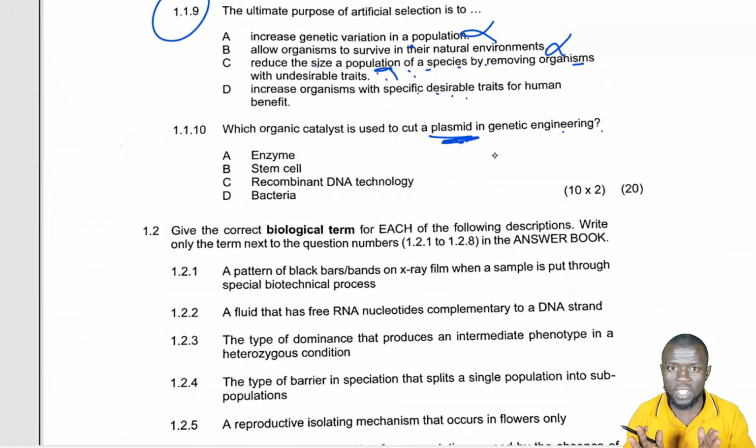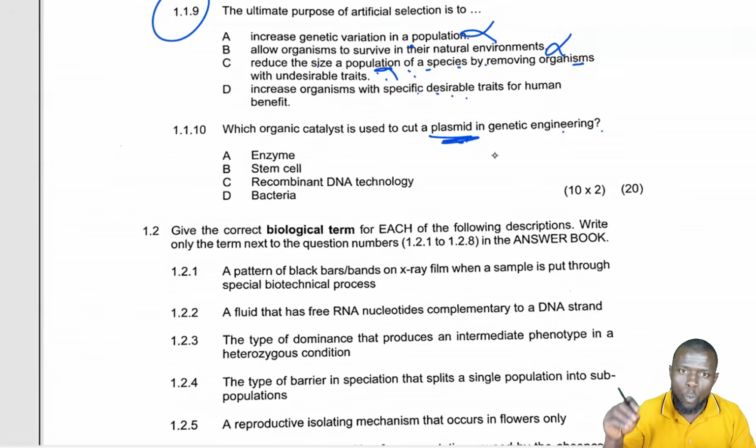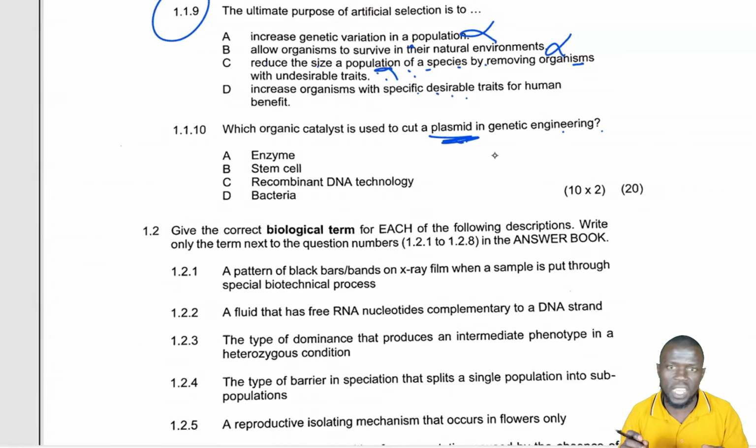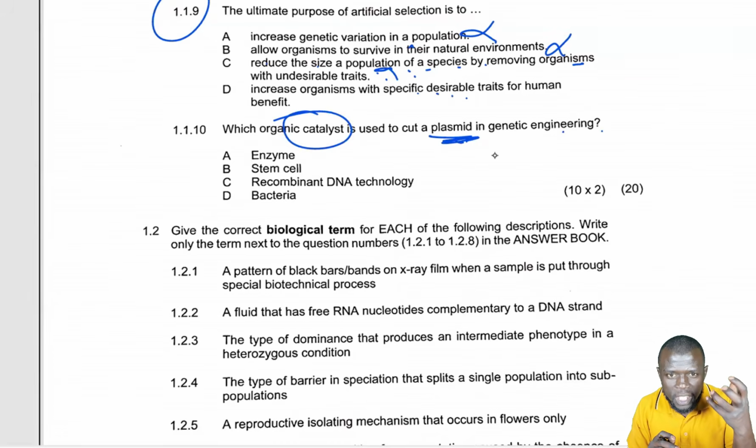Restriction enzymes are enzymes which cut at a specific area of the genetic material. So they are used to cut that plasmid's DNA so that the one which you want to multiply is inserted inside there. So basically, when they say organic catalyst, definitely we are talking about enzymes, specifically the ones we call restriction enzymes.